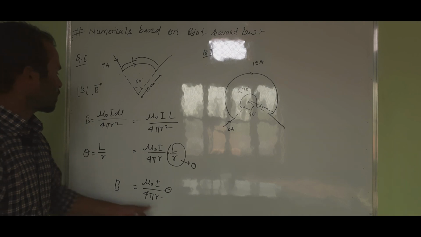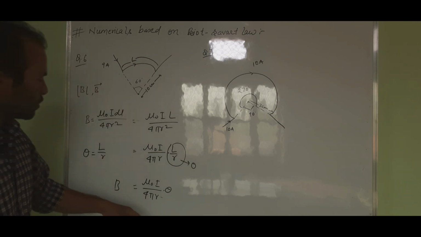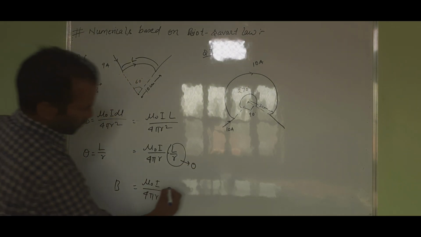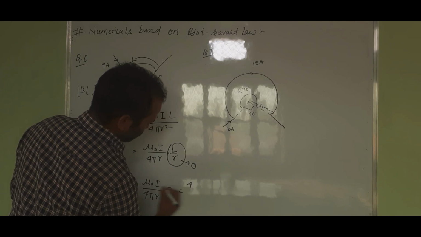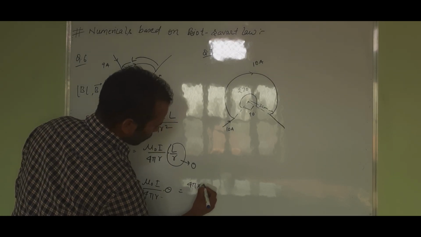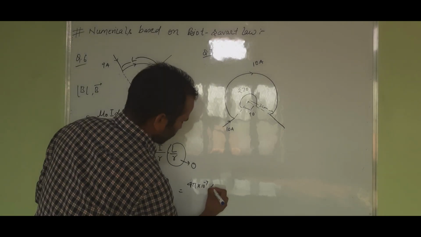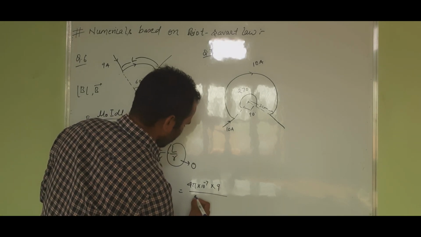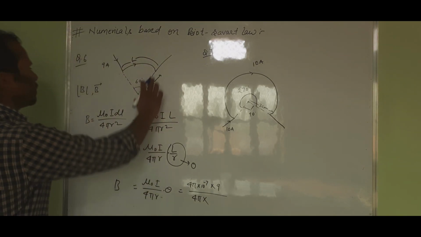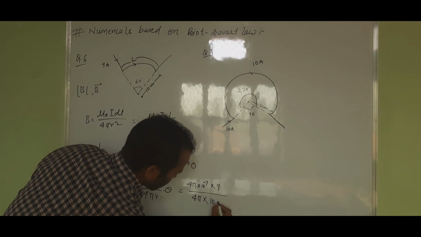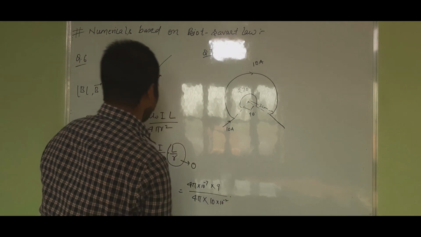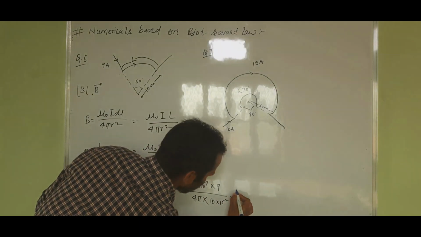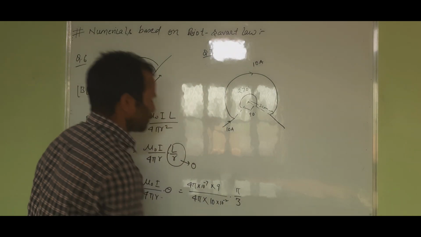Putting these values into the expression, we get: mu naught's value is 4 pi into 10 to the power minus 7, I's value is 9 ampere, divided by 4 pi, and R value is 10 centimeter, that is 10 into 10 to the power minus 2, and theta here is 60 degree, which in radians is pi by 3.